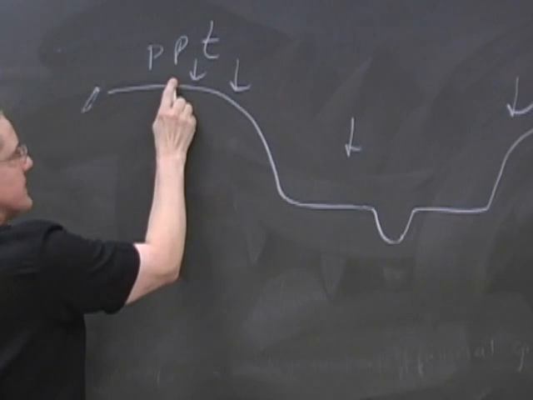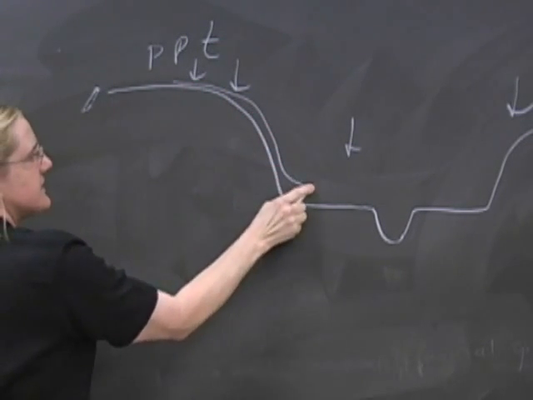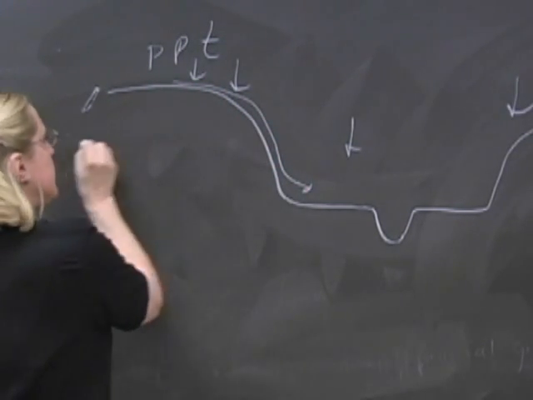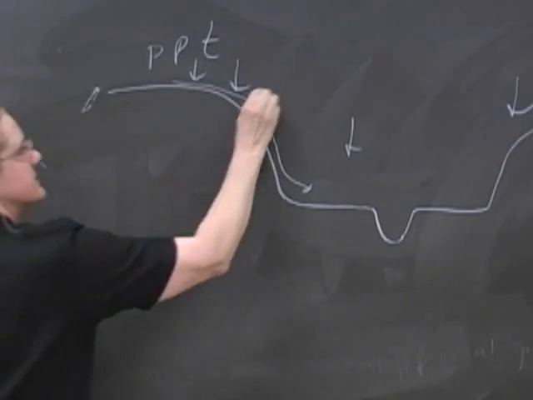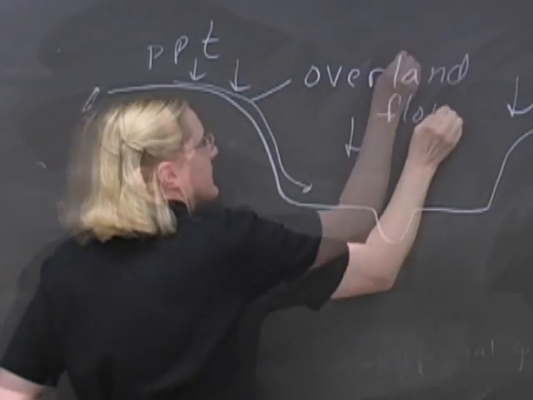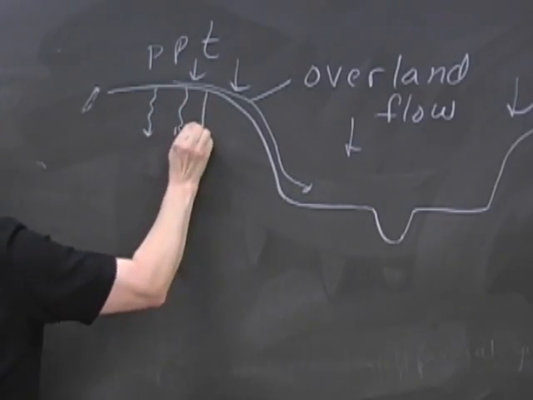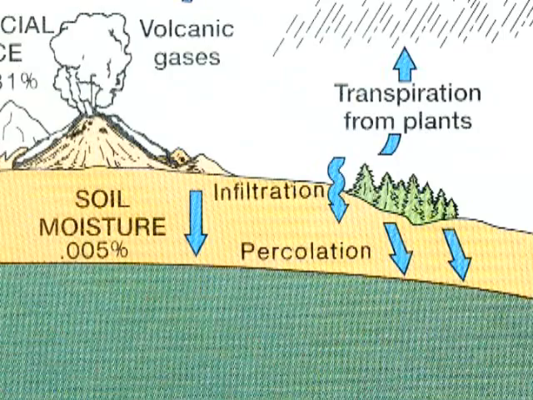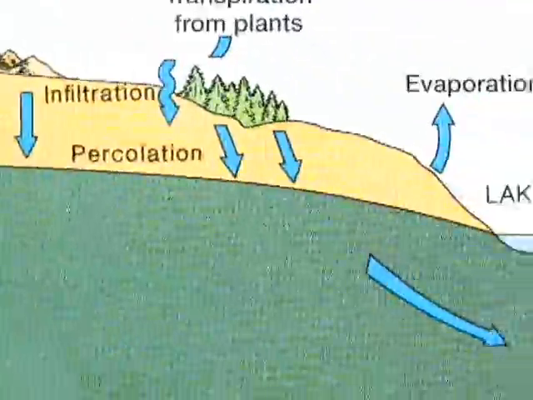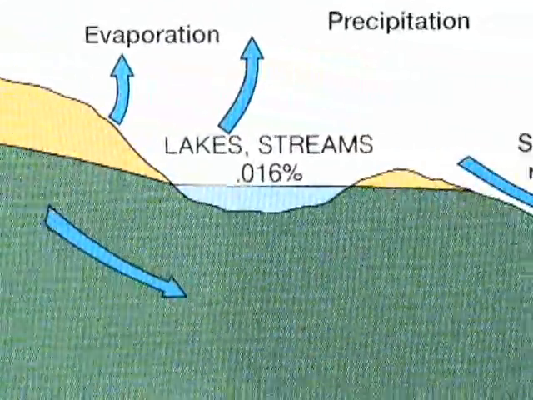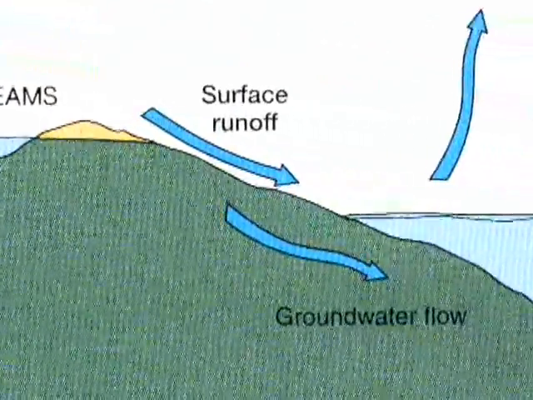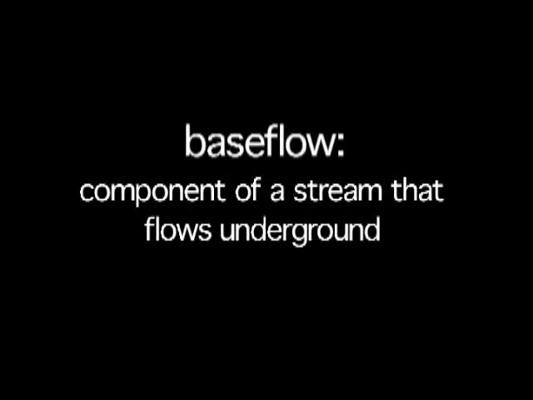It can actually just directly run off and go into the stream valley, and this is called overland flow. Or it can infiltrate into the ground surface and travel through the ground as groundwater and enter the stream underground or towards the edge of the stream. And this is called base flow.